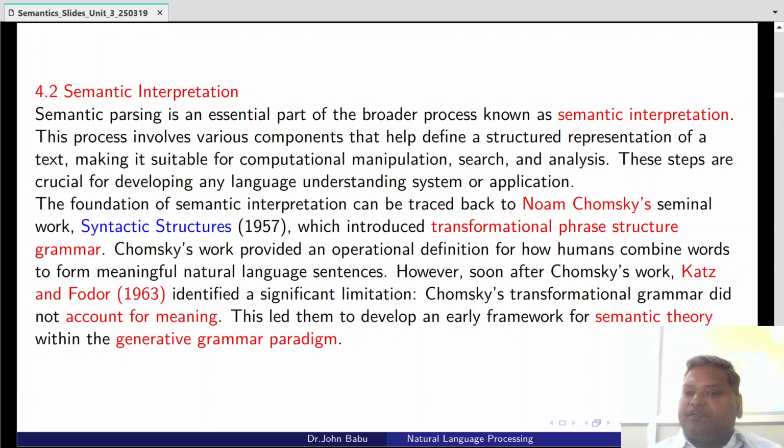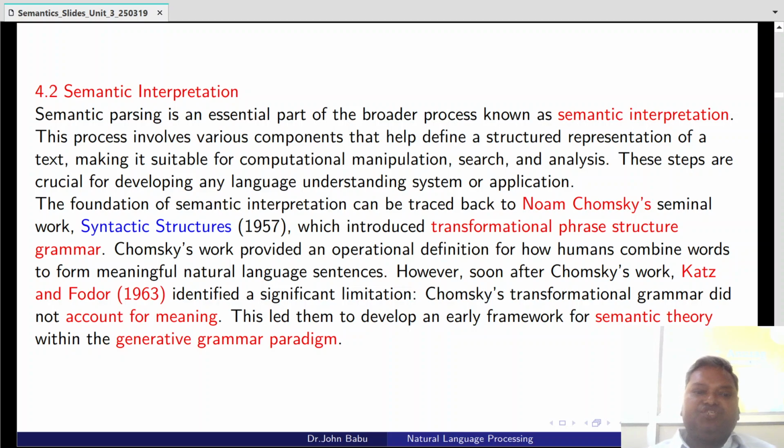But it is only a grammar. He didn't account for the meaning of the sentence. He just proposed grammar. If you remember, in the previous chapter, we talked about four types of grammar: unrestricted grammar, context sensitive grammar, context free grammar, which we used for syntactical parsing of natural language, then restricted regular grammar. But in the grammar, we never talked about the meaning.